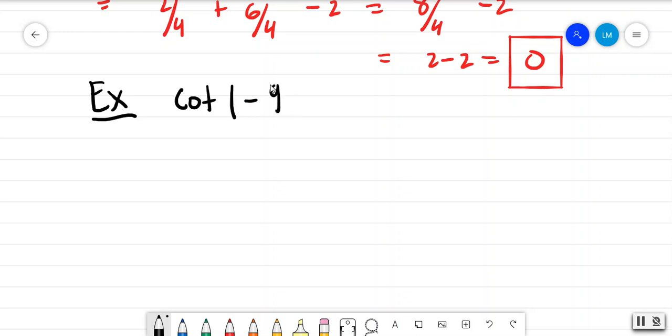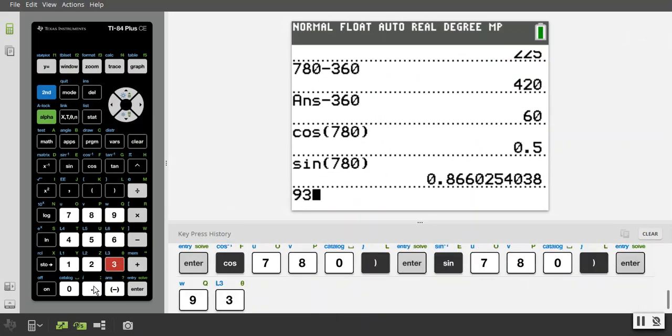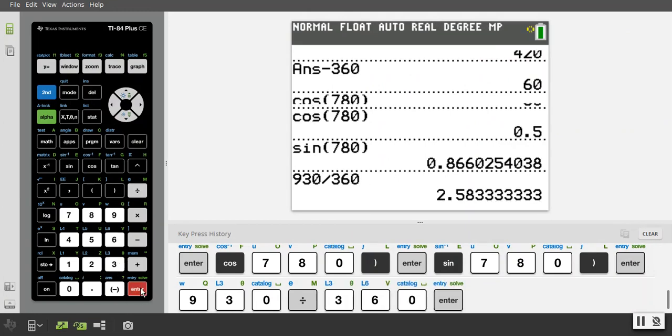Okay, so here we're going to put tangent of 930, and we're just going to figure out how many times we need to do that. So divided by 360.